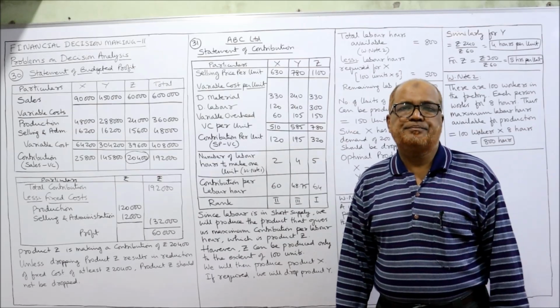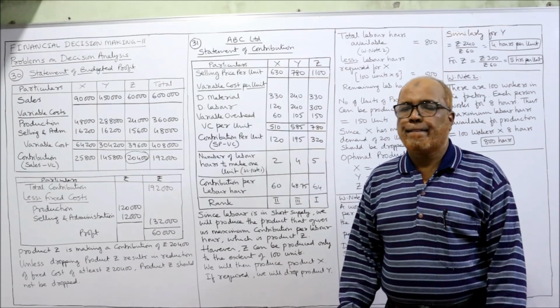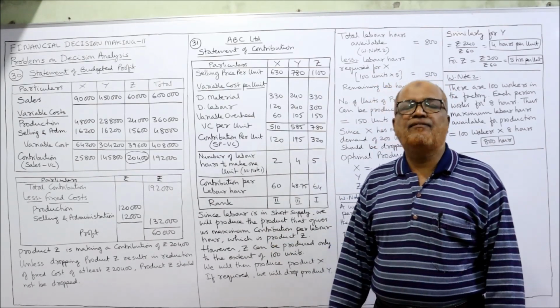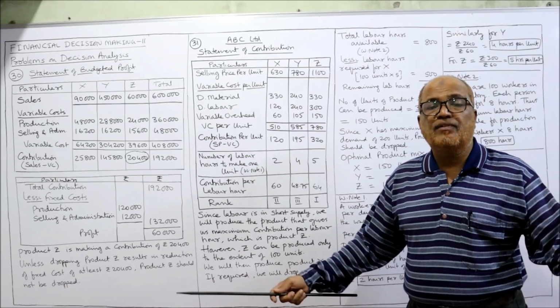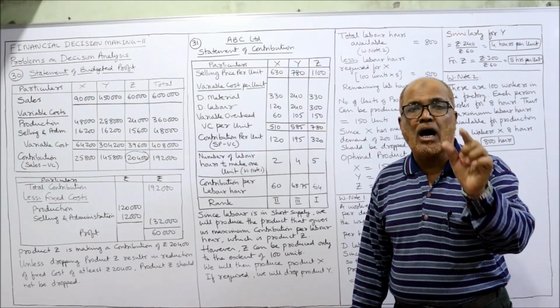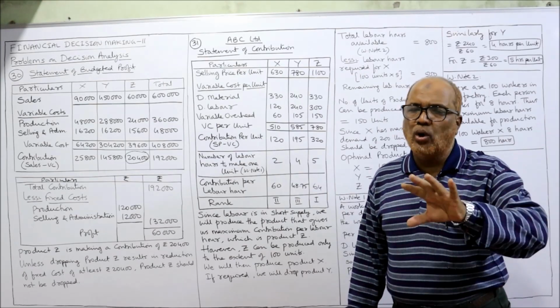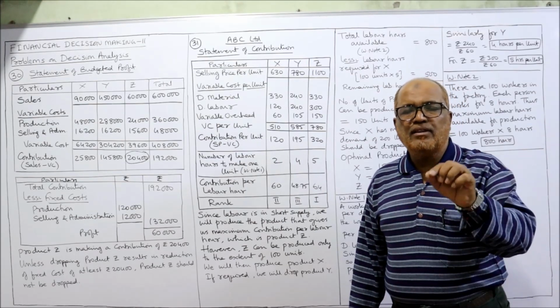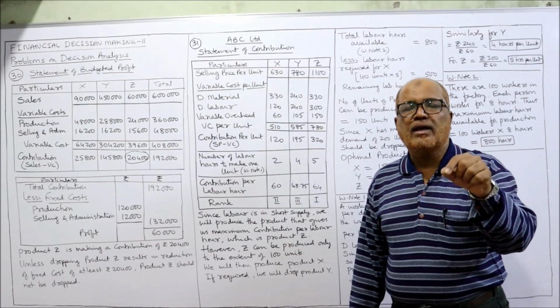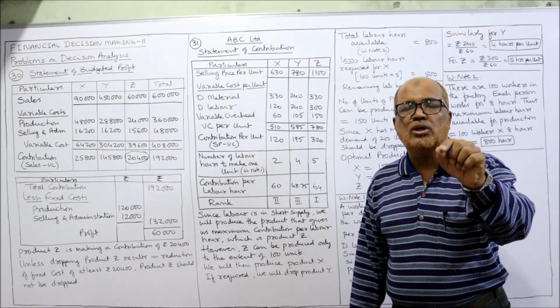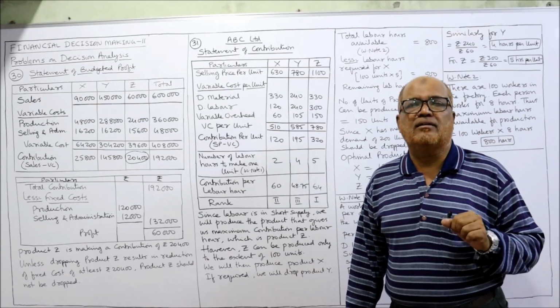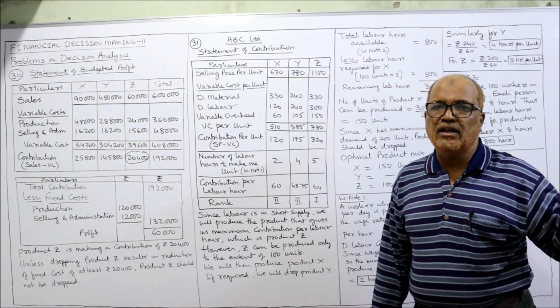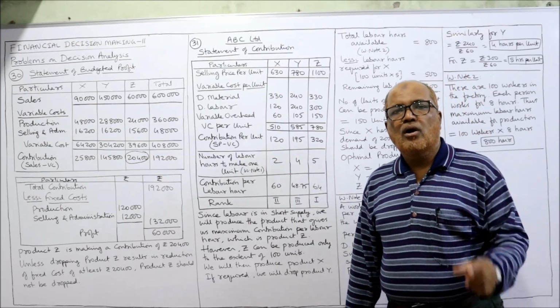But here there is a key factor or limiting factor. Which is the key factor? Time, hours. Limited hours, only 800 hours. Whenever there is a key factor, we have to calculate the contribution per unit of that key factor. Already we have done this type of problems in the earlier videos also.